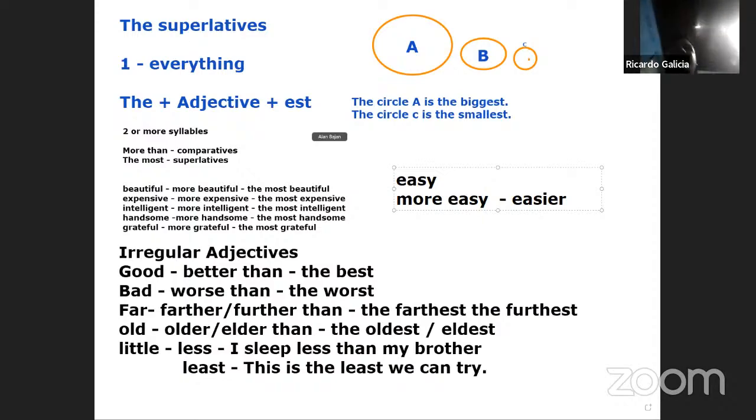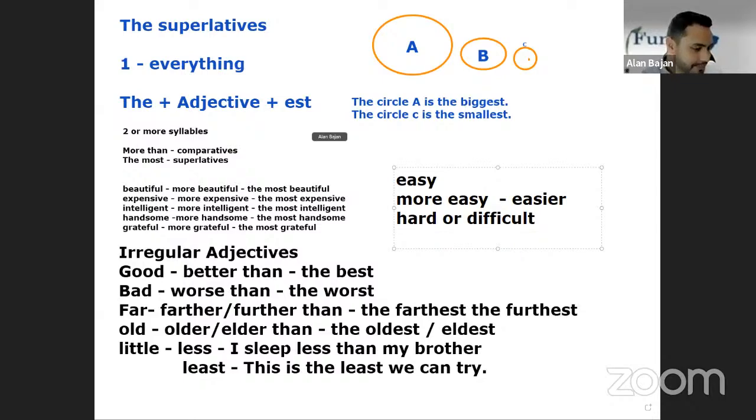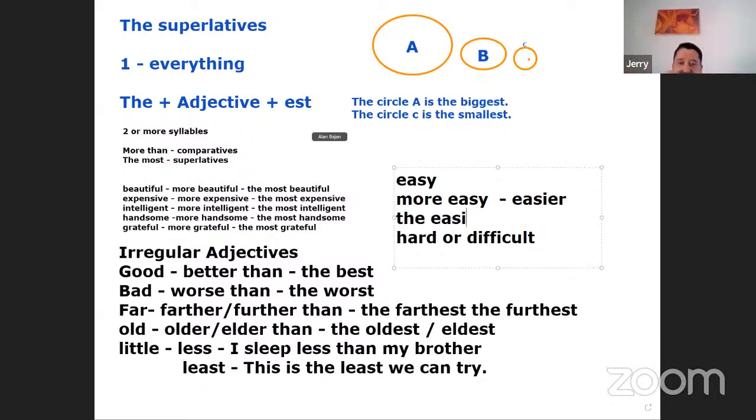How do you say más difícil? Jerry, you raise your hand, Jerry. Yes, teacher, sorry. In easy, the easier is the comparative, okay? Yes, sir. And the superlative.